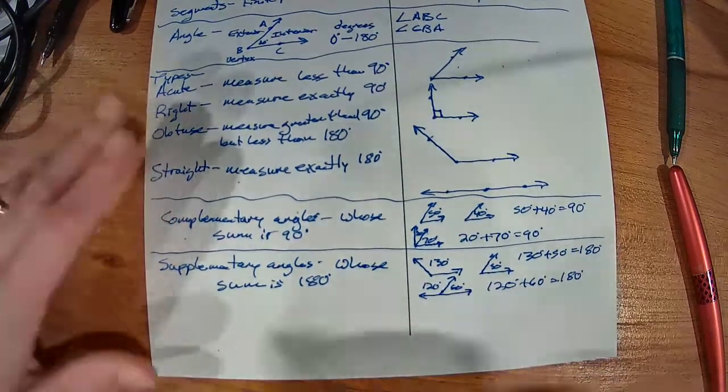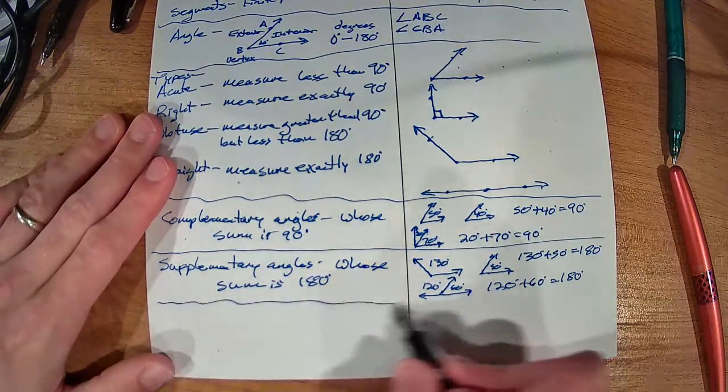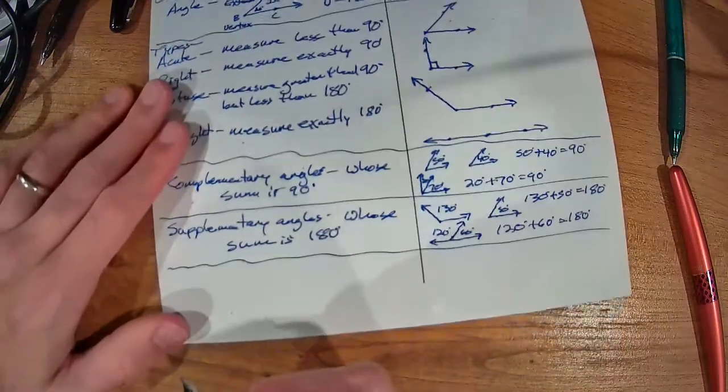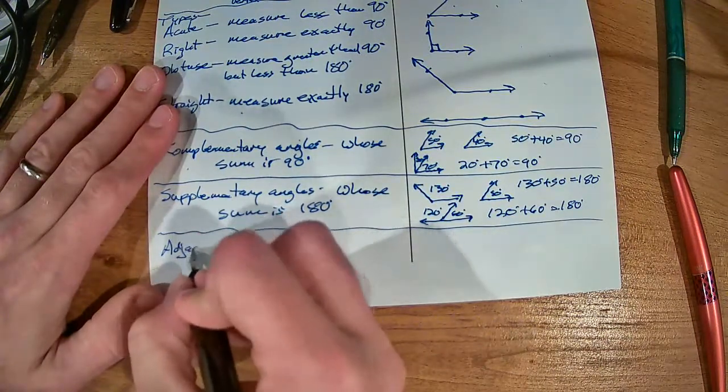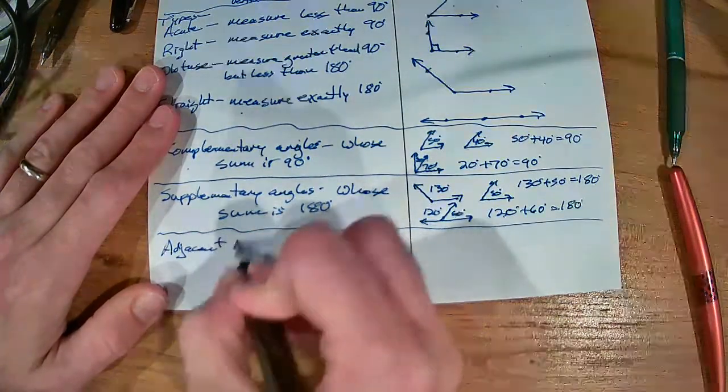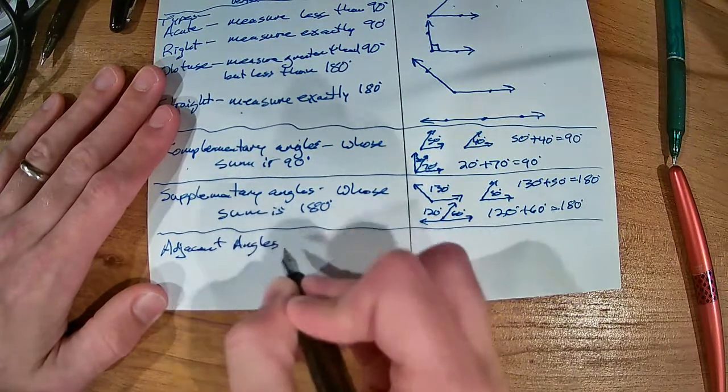But again, those that are together, let's talk about what angles are that are together. Let's go ahead and address that. We call those angles adjacent angles.